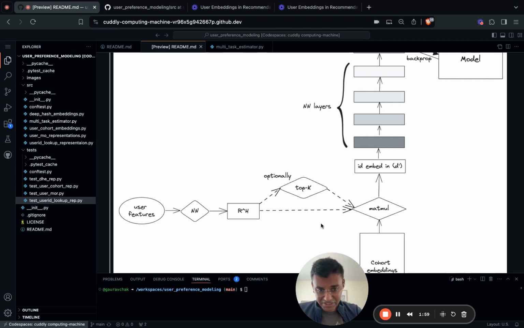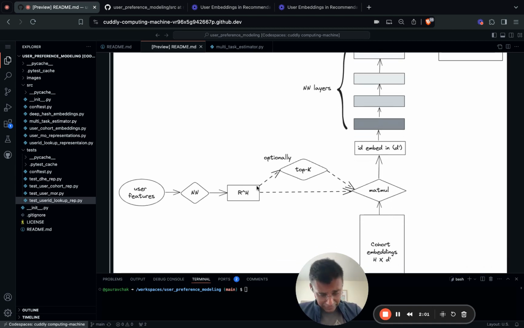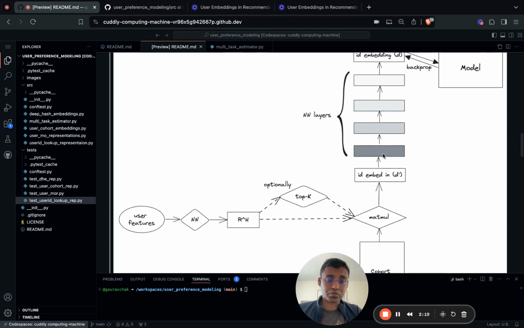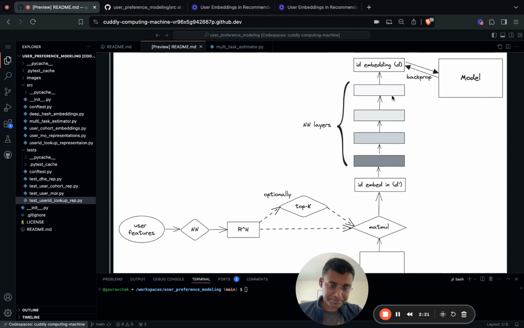So this entire machinery, and I'll explain it in a little bit, looks at user features, and we try to see which cluster of users this user is close to. And then for that cluster of users, we try to learn the right embedding.